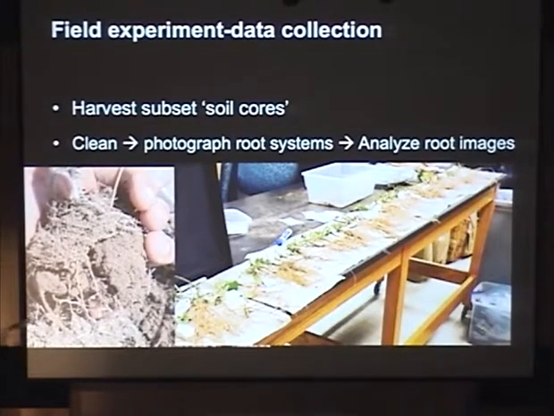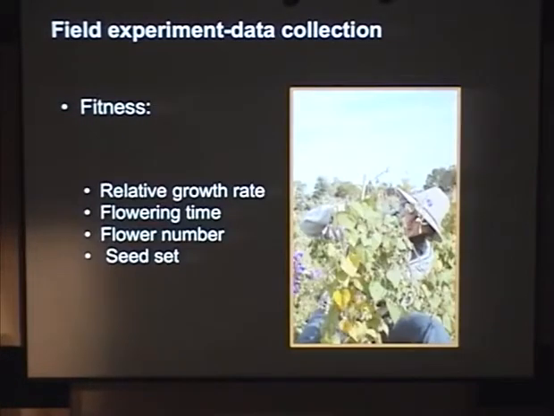You clean it up, you get kind of a soil core of them, and then you photograph parts of the root system that you've dug up, and then I characterize them similarly as I did in the greenhouse study. And then the other half is to look at fitness, and essentially I left the other half of the plants to measure relative growth rate, flowering time, flower number, and seed set.